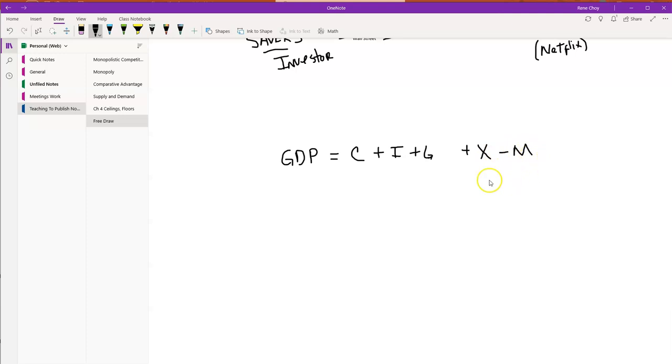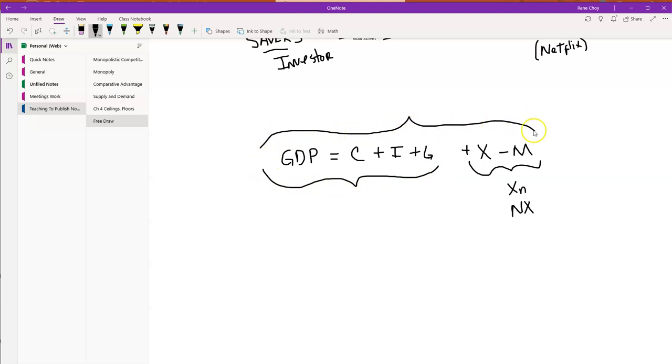We usually use an M for that. And this is what we call net exports, or XN, or some books use NX. Okay? So in a closed economy, this is what you have. And in an open economy, you have this plus that being your GDP. So this is a closed economy. This is an open economy.